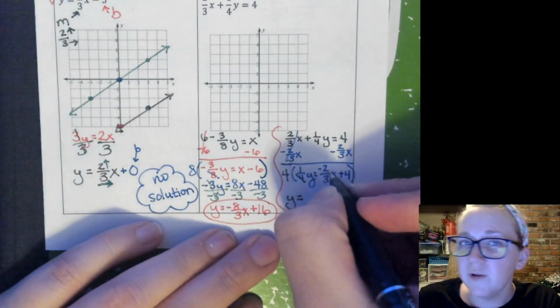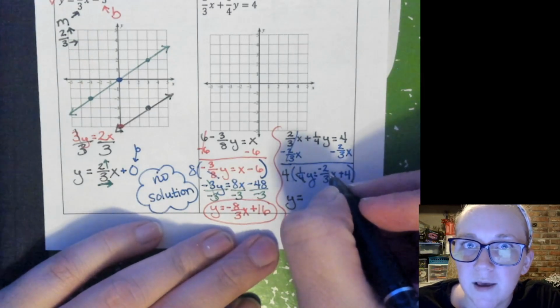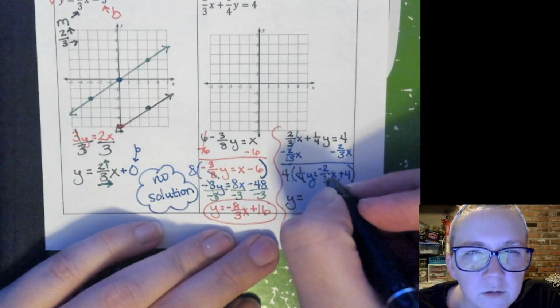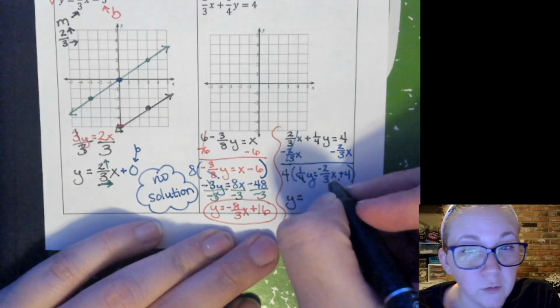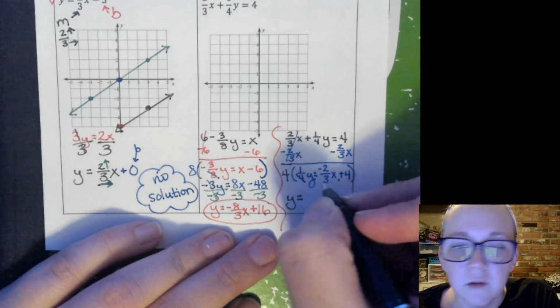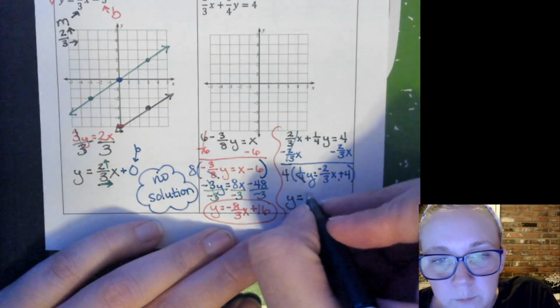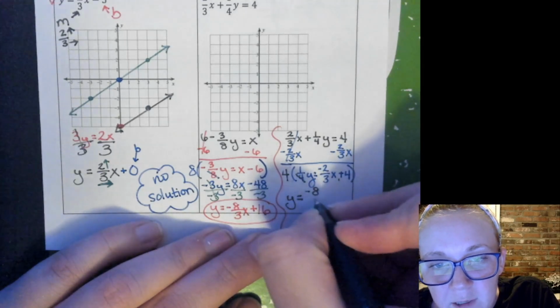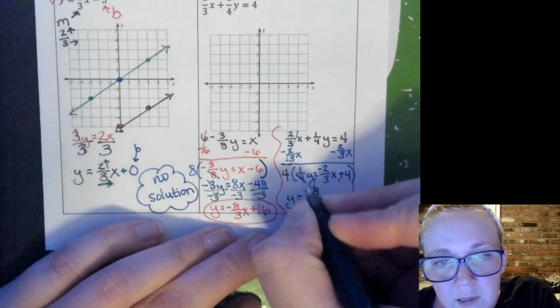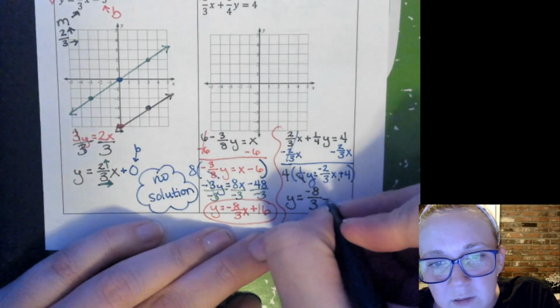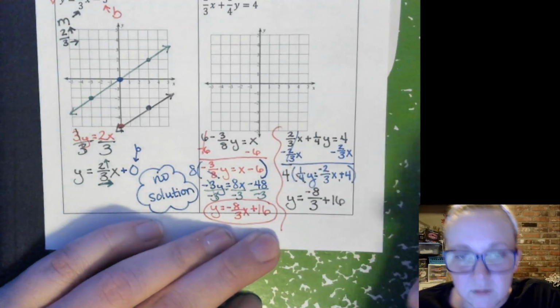Again, when you're multiplying fractions, only multiply the top. Got it? Multiply that 3. Do it. Think about it. I need 4 times negative 2. You should get a negative 8, and then I need 4 times 4, which is a plus 16.